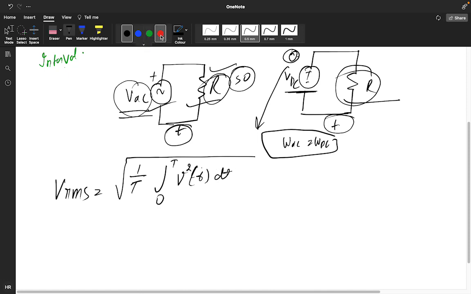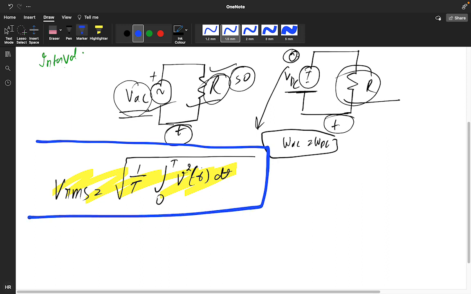So this is the formula. So Vrms is equal to Vm by root 2. We'll calculate now how that comes, I will show you. Okay, so this is your RMS value.